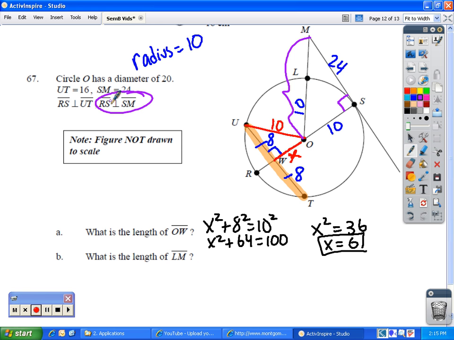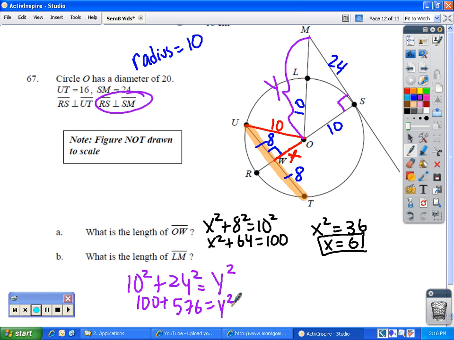So we have ourselves another Pythagorean theorem where 10 squared plus 24 squared equals, and I'm going to give this a name, I'm going to call it y squared. 10 squared is 100. 24 squared is 576. If I add 100 to 576, I get 676.